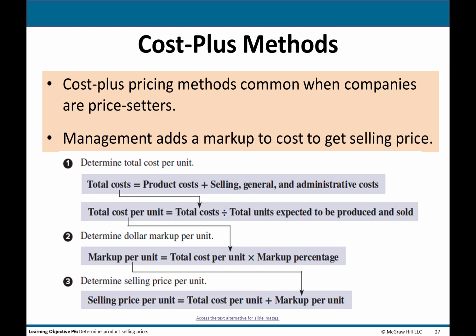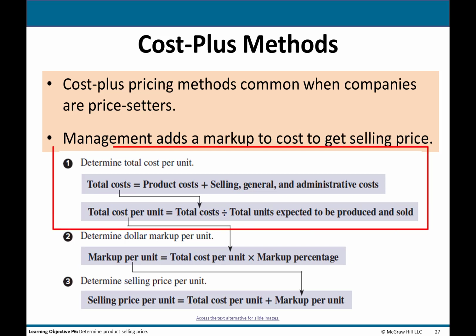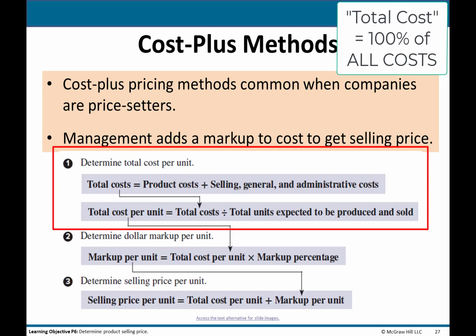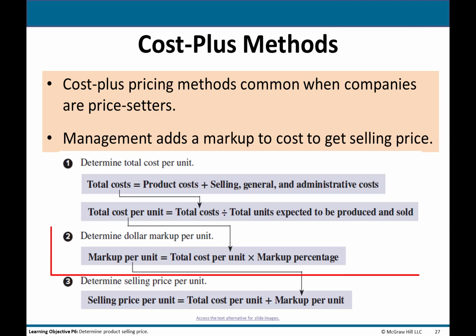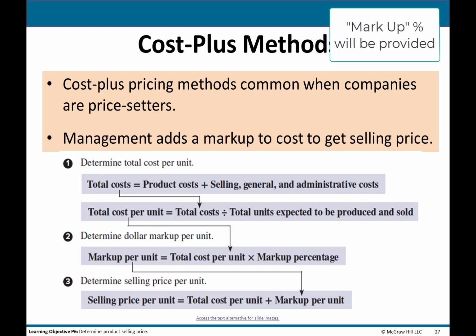We'll start off by taking a look at a price setter. They use a cost plus approach. So as the overhead shows, we'll first determine the total cost per unit. Total cost, by its very nature, encompasses 100% of the cost of manufacturing a product. To that total cost, we add a dollar markup, and that's usually based on a percentage that, in this case, the author will have to provide to you.